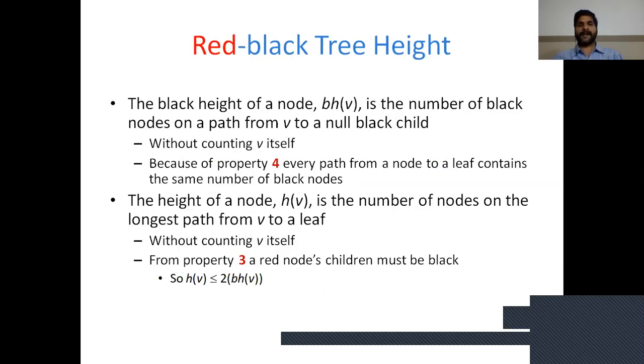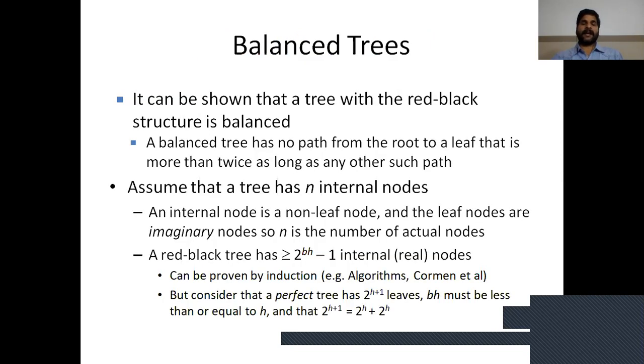Next, we proved the height of the red-black tree. According to the theorem, h is less than or equal to 2 log(n plus 1). First we proved that the total number of internal nodes is greater than or equal to 2 to the power bh minus 1. According to the red-black property, the black height is at least h by 2. So n is greater than or equal to 2 to the power h by 2 minus 1.